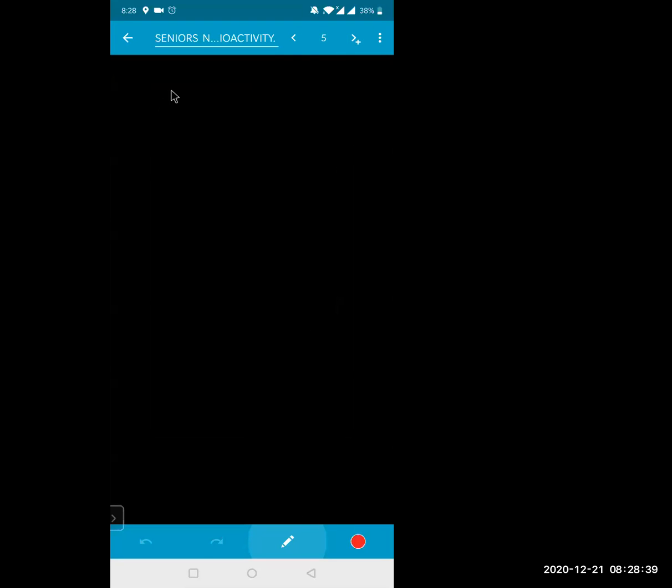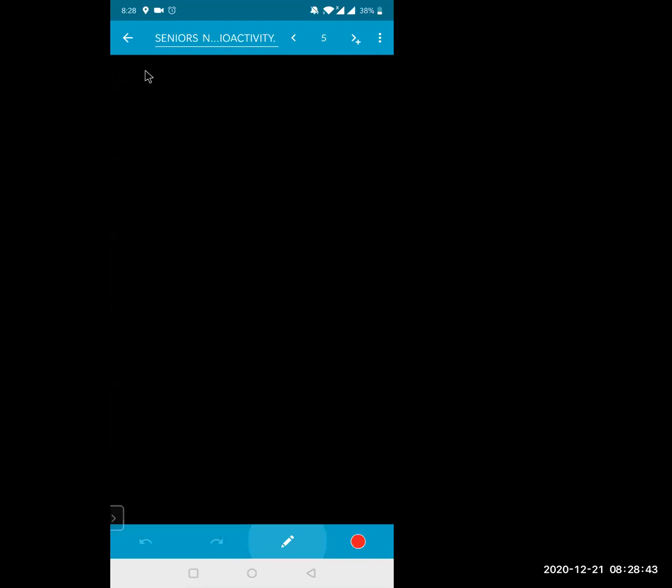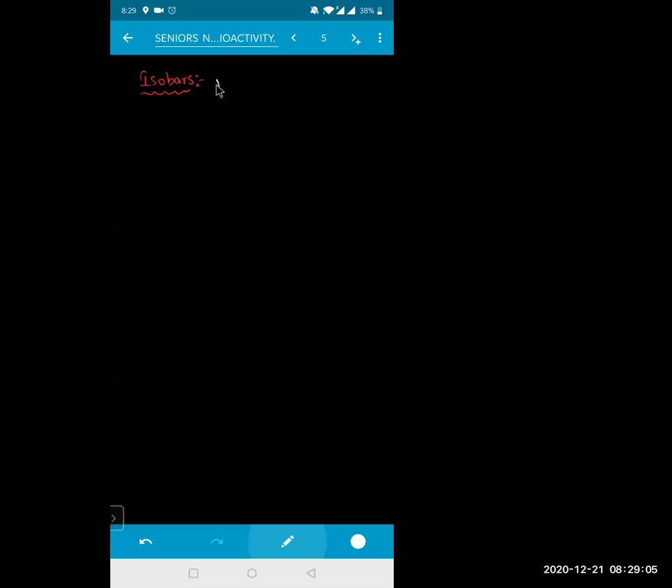The same way, the next one is isobars. What is meant by isobars?